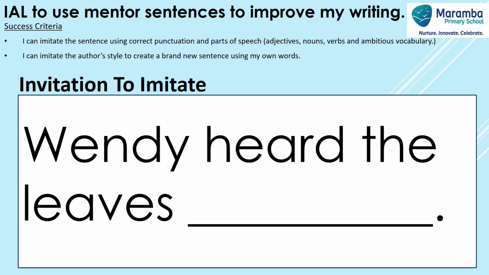So, this first one says, Wendy heard the leaves something. Now, the original sentence had rustling. But I think you could find another word which could be just as good as rustling. And you would write that on the blank line.